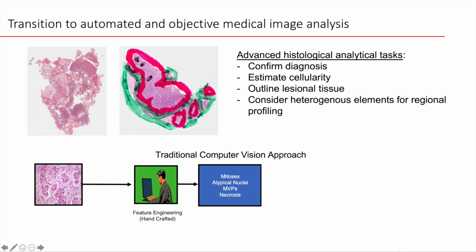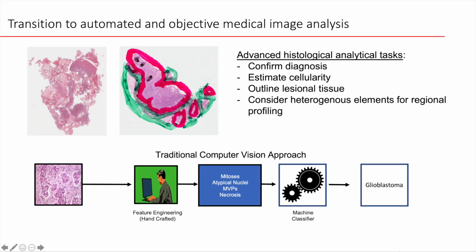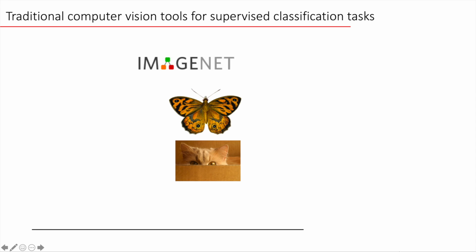And then here you have your feature engineer or your computer scientist try to recapitulate some of those microscopic features into lines of code that could be reliably extracted from images in the future. These classifiers are then used to classify these images and give a diagnosis, and that's really what a computer vision workflow has looked like for quite some time.